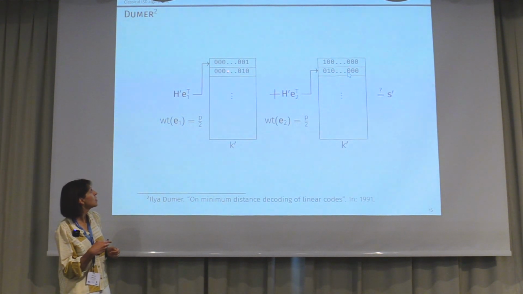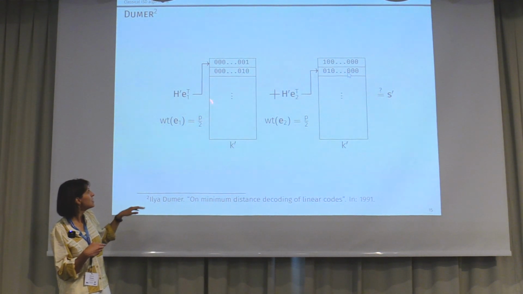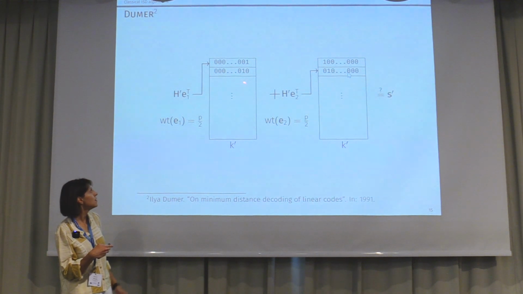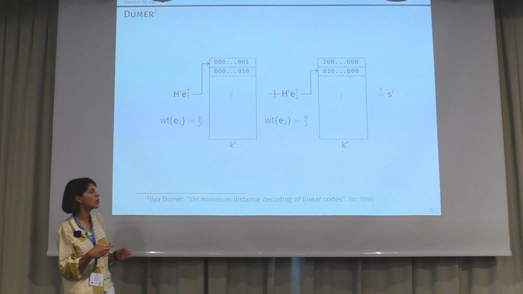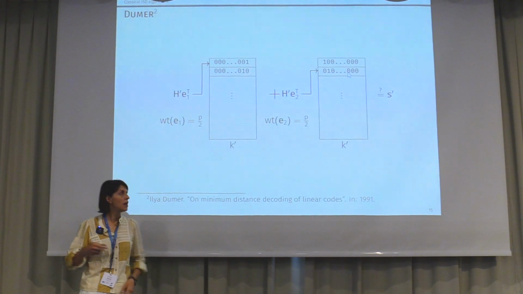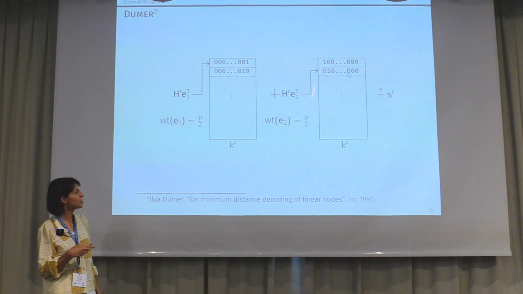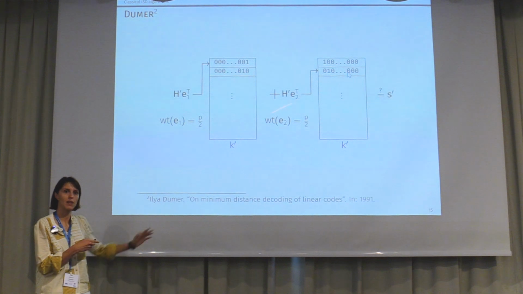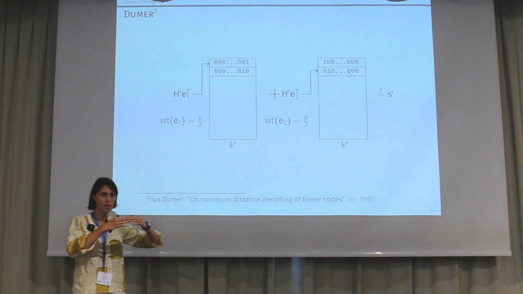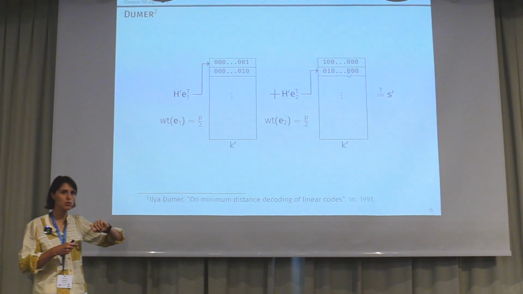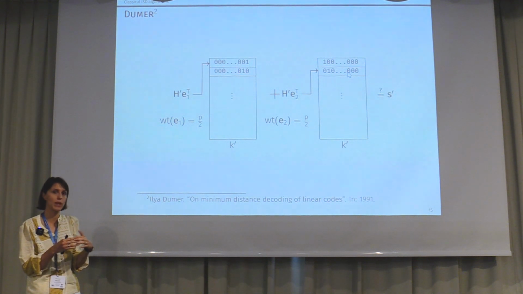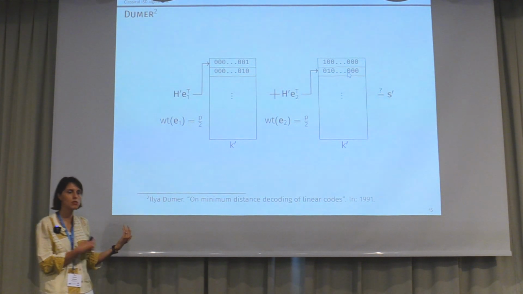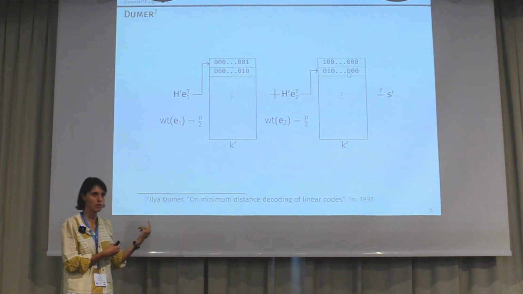In the case of the first list, E1, all the weights are on the right side of your vector. And in the case of E2, or the list L2, all the weights are on the left side. So once you sum E1 and E2, you will get a vector of weight p. It will lead to the same type of solutions as in the case of Lee-Brickell.